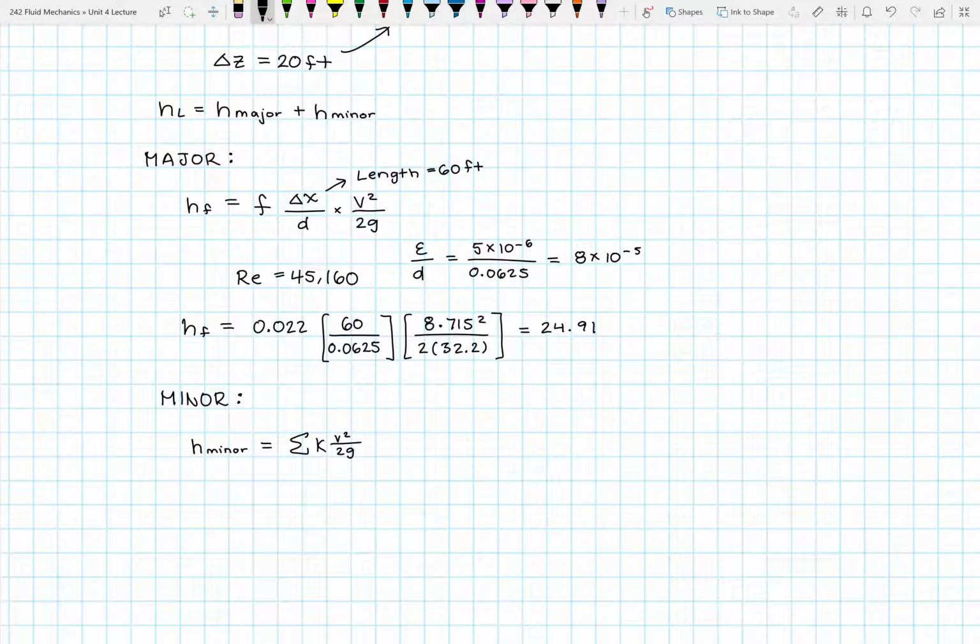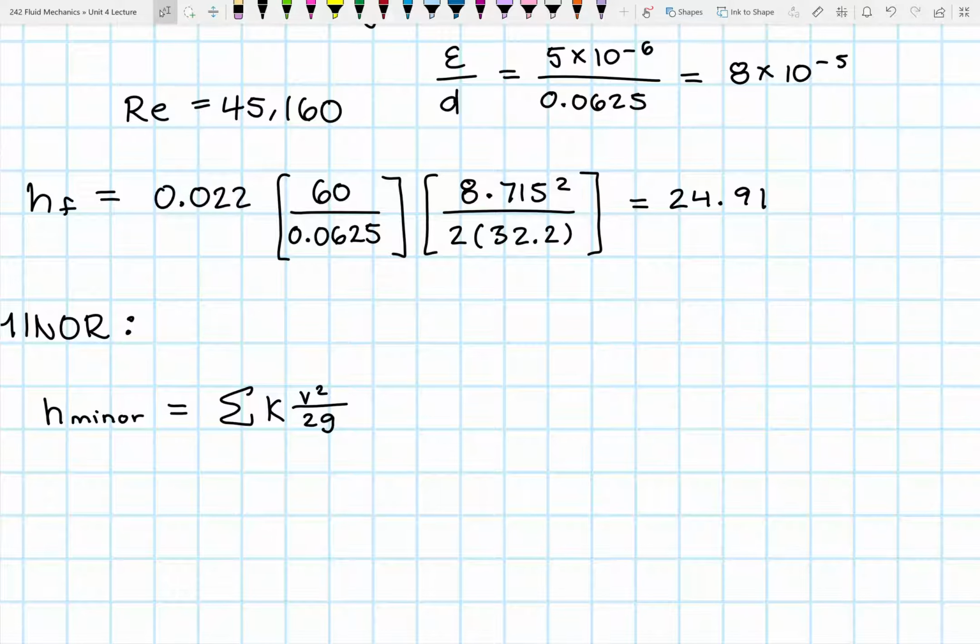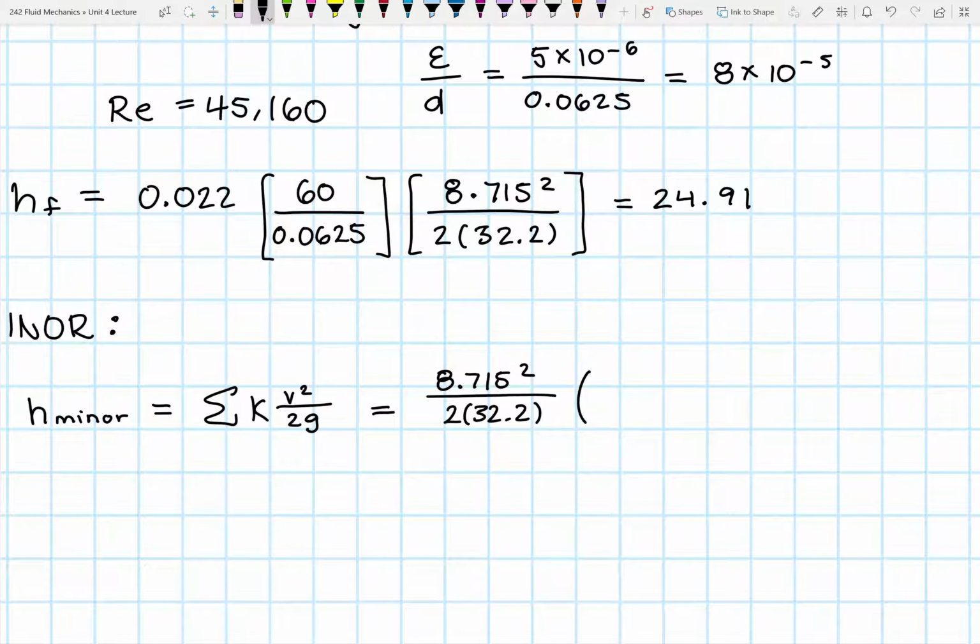The summation term is important here because depending on the number of changes in geometry or things like that, you're going to need to continue to add that number of terms. So in our case, we can bring the velocity squared over 2g to the outside. So we have 8.715 squared over 2 times 32.2.